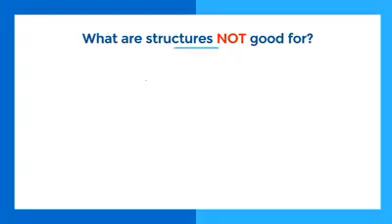So, what are structures not good for? They are not a magic bullet. What does a magic bullet mean? Many students think that following a structure means that they are guaranteed to get a good band. That's nonsense. That's like saying if you follow a good recipe for baking a cake, but your ingredients are bad, or the chef has very poor skills, you're going to bake a good cake.